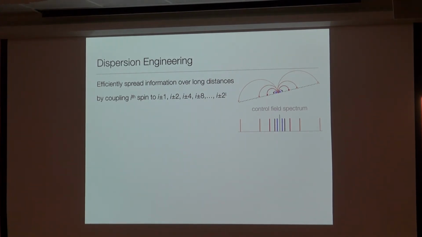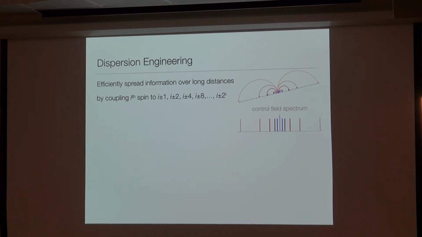Like, I'd like to efficiently spread information over long distances with a modest number of control fields. So maybe you'd like a situation where each spin can talk to its first neighbor, its second neighbor, its fourth neighbor, its eighth neighbor. Something very exotic that you would not get in nature. You could imagine these being individual spins or sub-ensembles in an extended cloud.